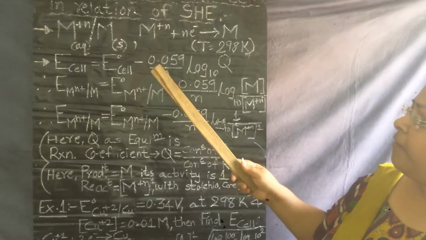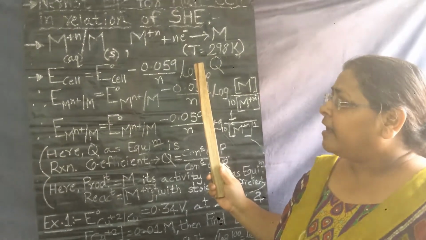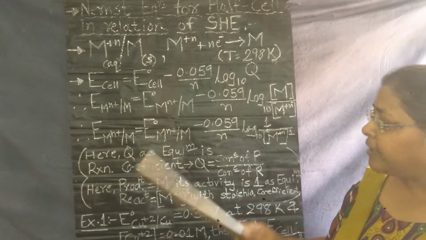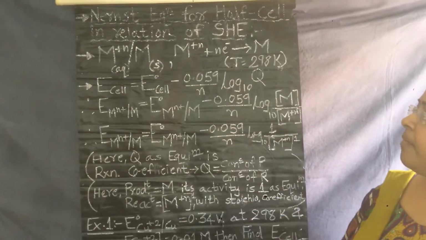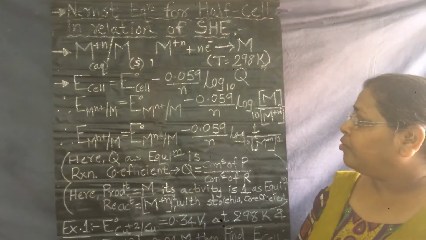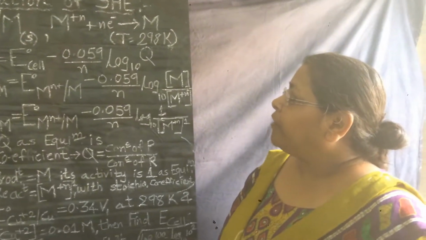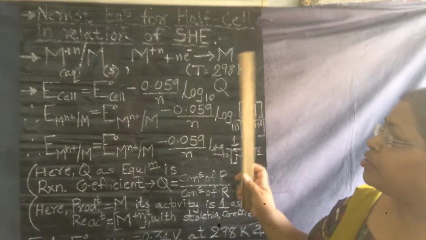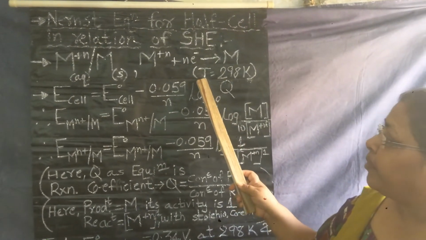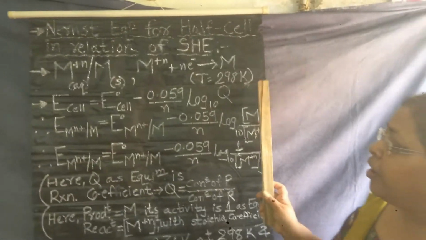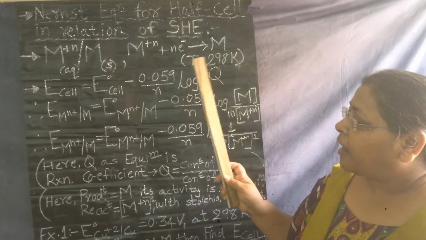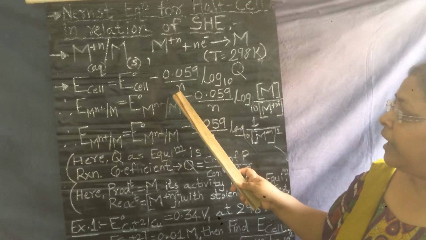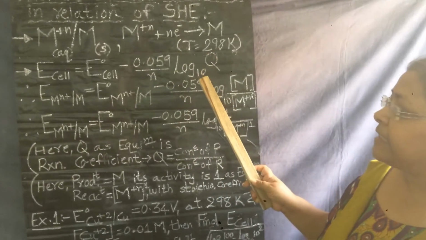As I told, by putting the values of the gas constant, temperature, Faraday's constant and the numerical value of the log, we get the standard value 0.059. So as soon as you see the temperature 298 Kelvin, don't go for the complete formula RT ln nF. Just put 0.059 upon n log Q to the base 10.